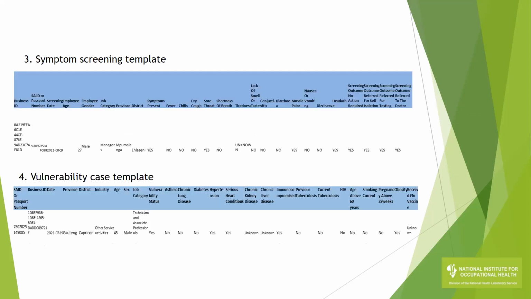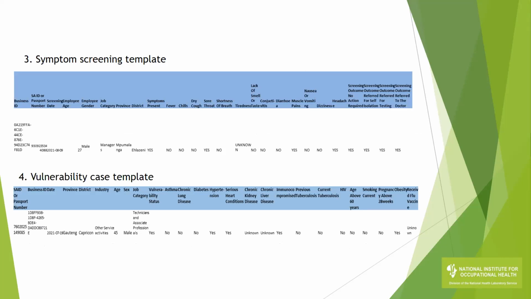This is how the symptom screening template looks, as well as the vulnerability case template. If you look at the templates that we've put up on our webpage, most of them will have some information pre-populated there. This is just some dummy data to guide you on how to populate the data, or how the data is expected.